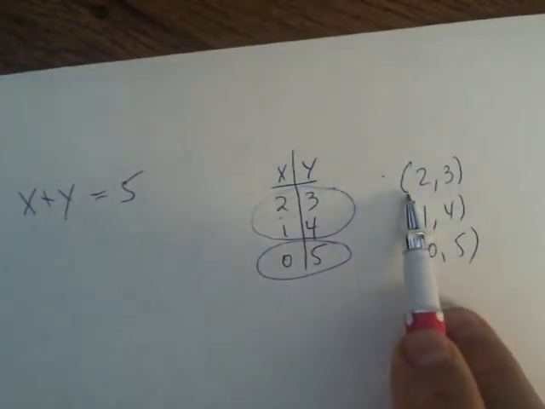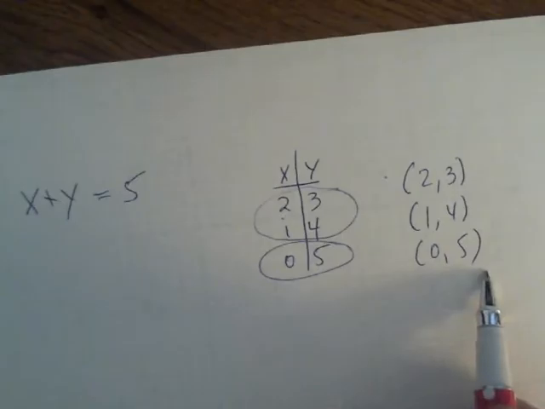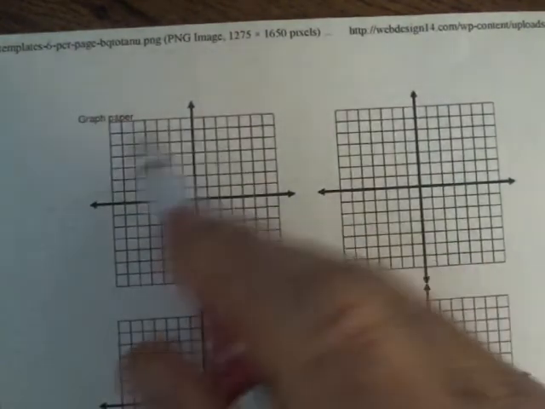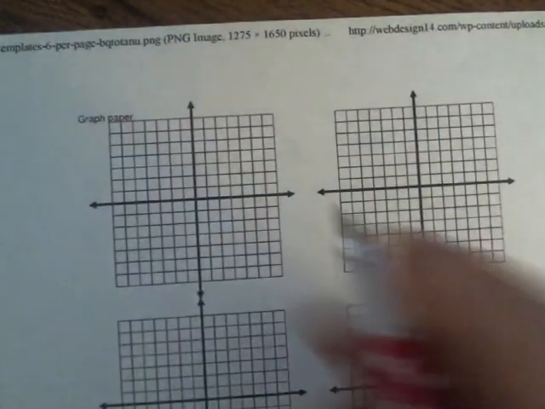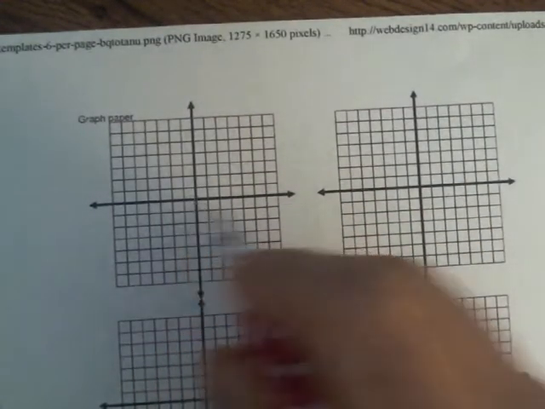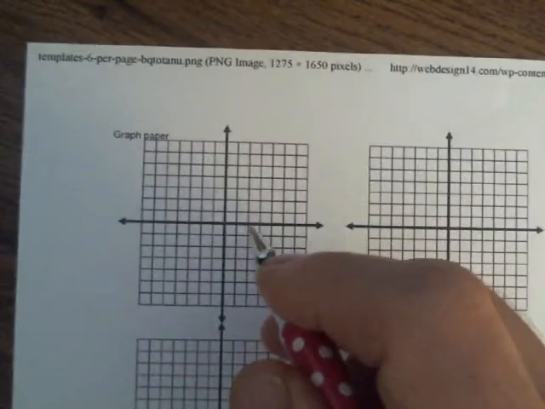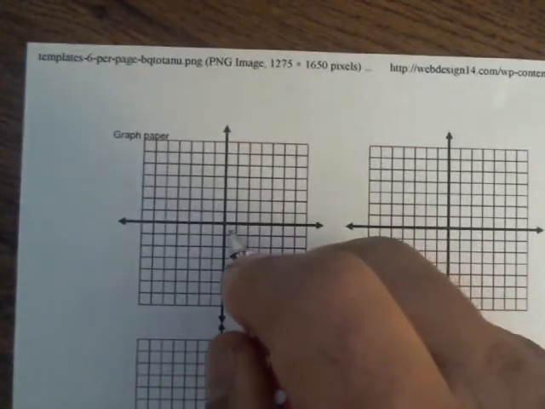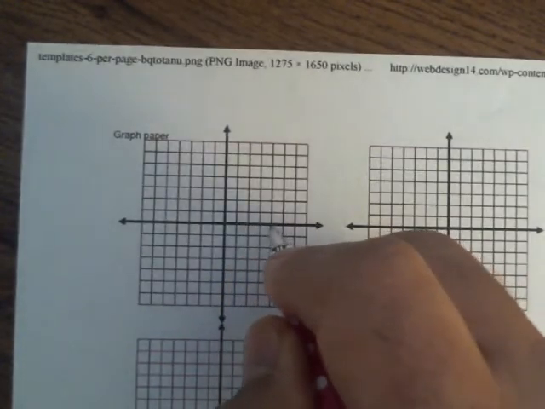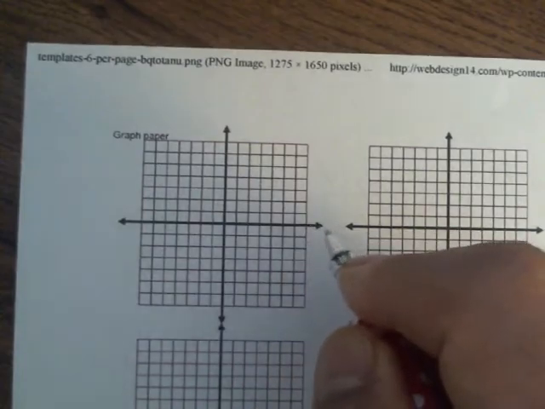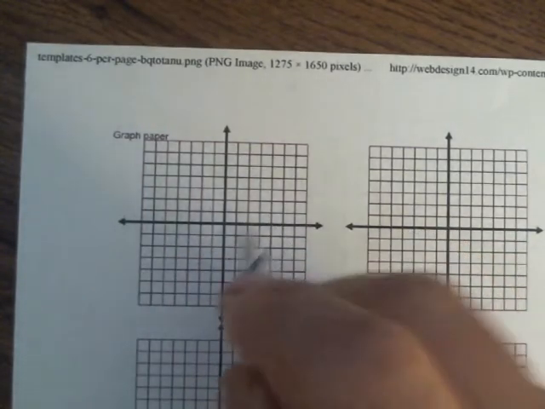So if I want to plot these points, I go over to my coordinate plane and I plot the points. So the first one I'm going to plot is the 2, 3. Remember, each one of these marks, unless otherwise indicated, and most of the times you'll see numbers put somewhere on here.